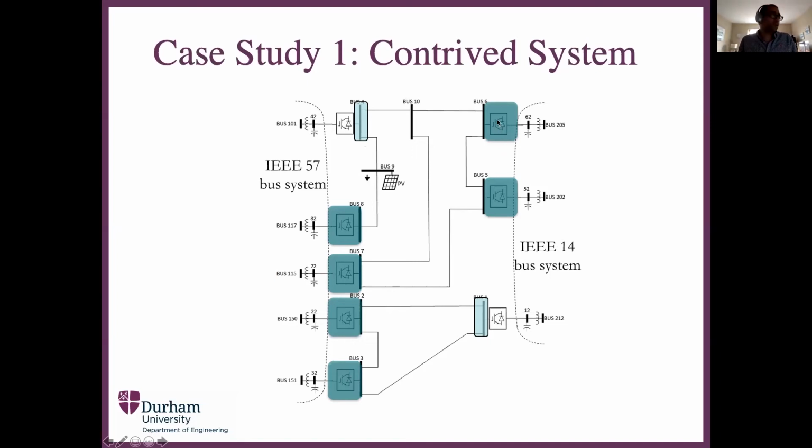So for example, here you have these converters that are highlighted. These are in charge of maintaining the power flow on the AC side. And these 2 converters are in charge of maintaining the voltage in the DC network.